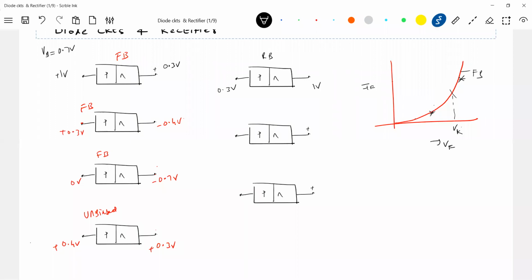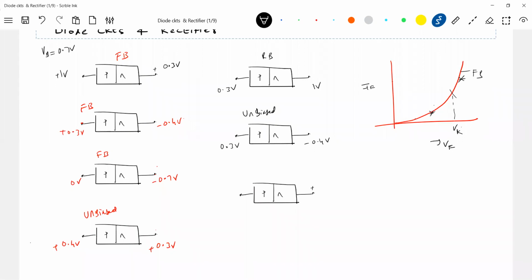So it is reverse biased. For reverse bias, what happens? Any non-zero voltage. Now, N is more negative than P. So how much is it? 0.1, minus 0.1. So is it forward bias or reverse bias? You have to call it unbiased here.